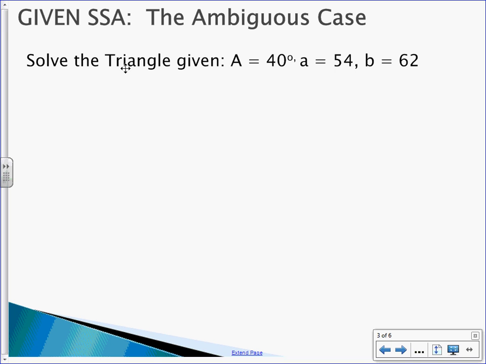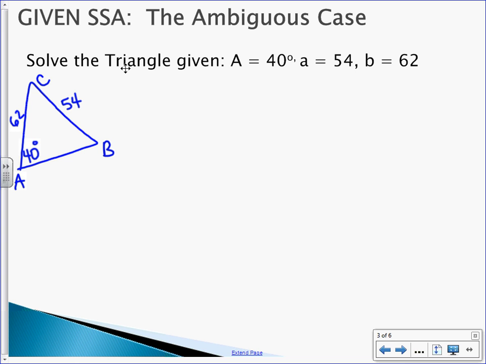First example, write it down. We know that angle A is 40 degrees, side a is 54, and side b is 62.